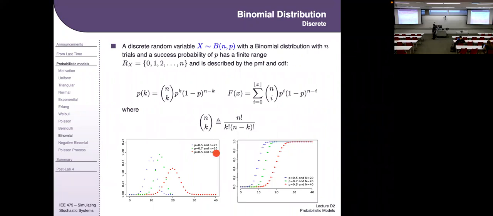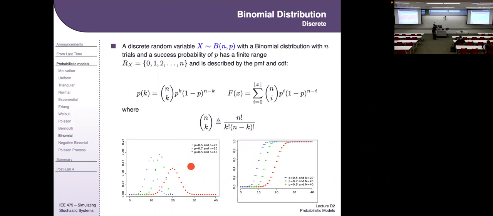If I look at a distribution down here, like these red dots, p equals 0.5 and n equals 40. This discrete random variable counts from 0 to 40, and it doesn't go any higher than 40, because if I flip the coin 40 times, the most outcomes I can get is 40.